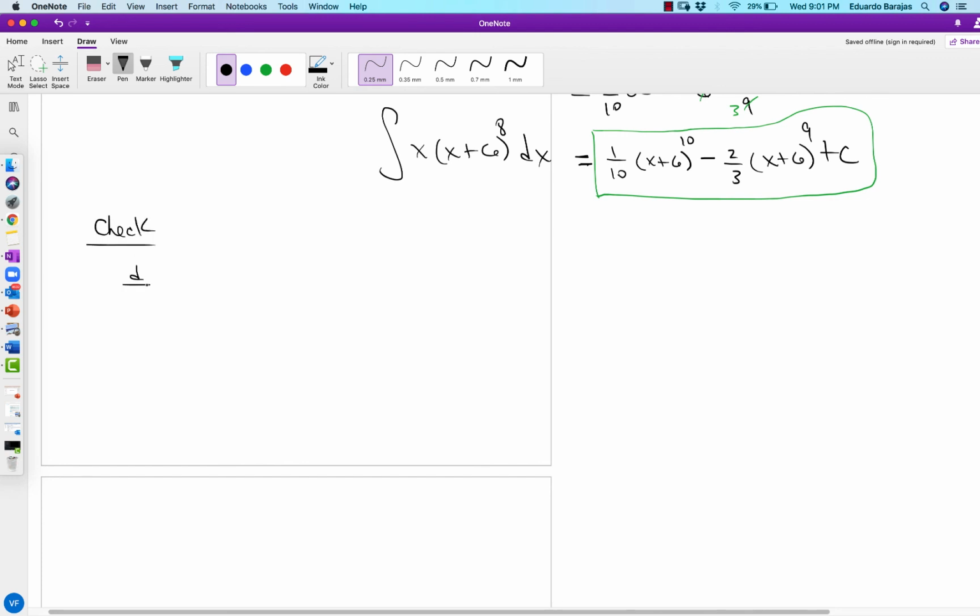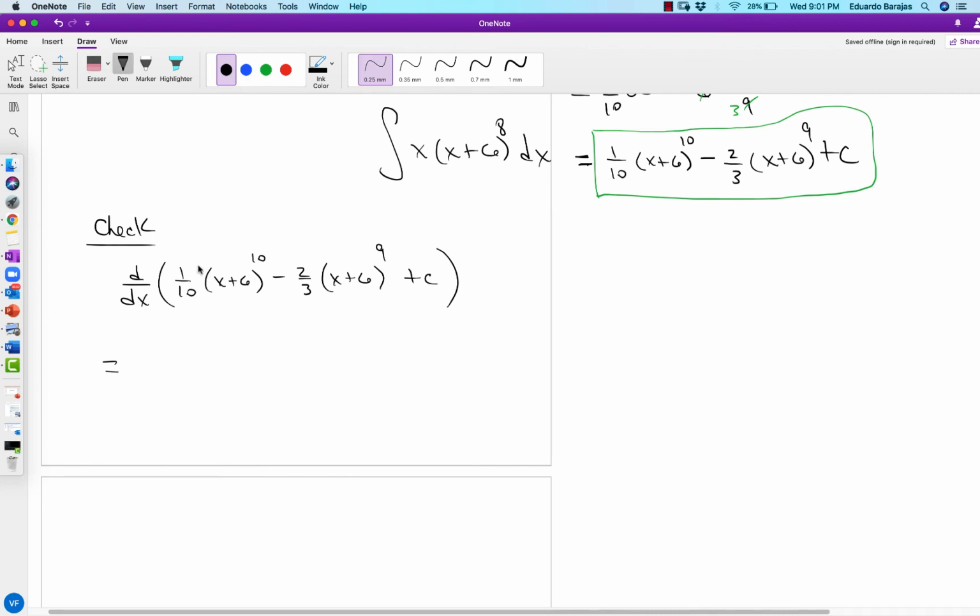Check: is it true that the derivative with respect to x of the function 1/10 (x plus 6) to the power of 10 minus 2/3 (x plus 6) to the power of 9 plus some constant, is it true that all of that equals this integrand here?